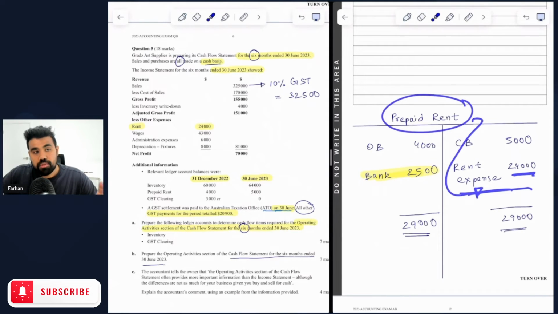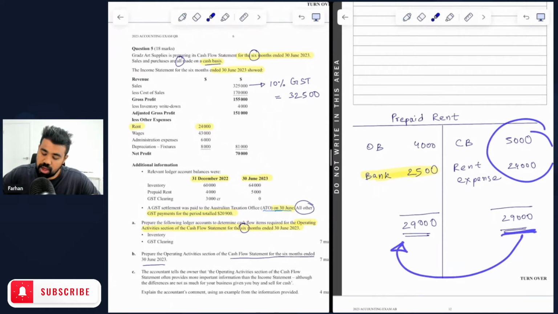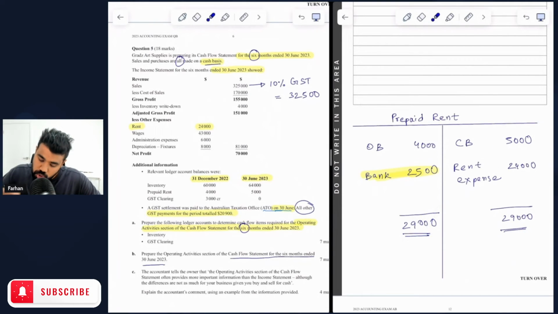Okay, so the total for everything on the credit side is 29,000, which must be the total on the debit side. If you subtract the opening balance of 4,000, you get 25,000, and that is the amount that we have paid for new prepaid rent in the financial year ending 30 June 2023, out of which the expense was $24,000.